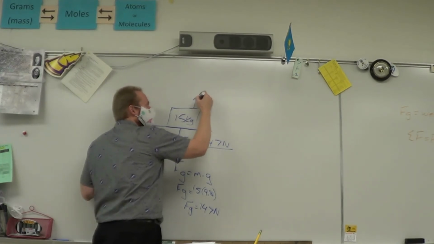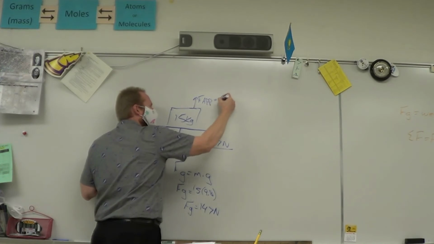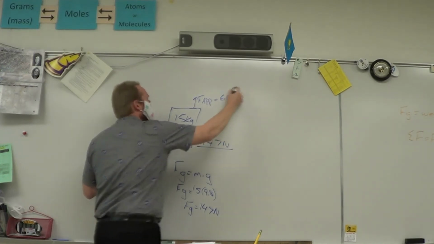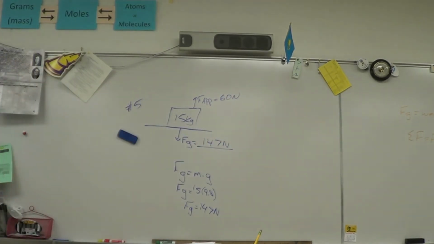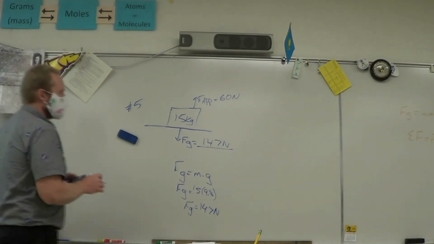Are there any other forces acting on this object? Applied. There's an applied force. Do we know the value of that? Yeah. What is it? Is it 60? 60? Okay. So if a thing weighs 147 newtons, and I lift up at 60 newtons, do I move it? No, it's still going to be sitting on the surface, right? So if it's still sitting on the surface, is there a normal force? Yes, okay? That's why there's a normal force.